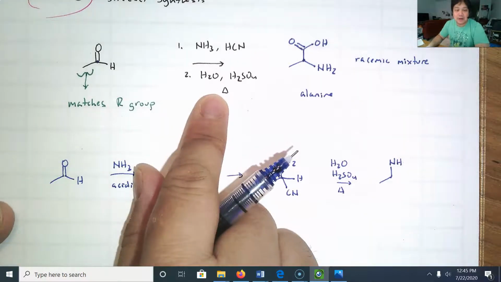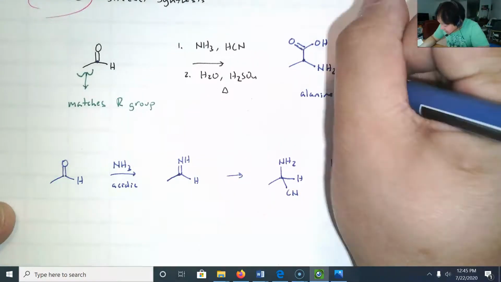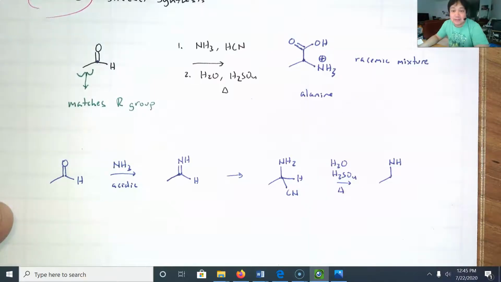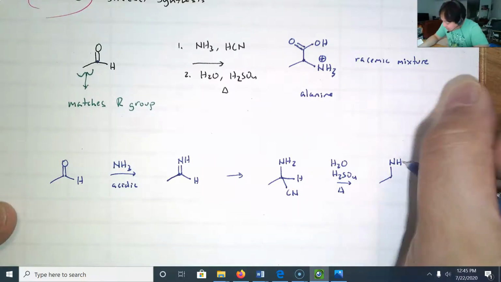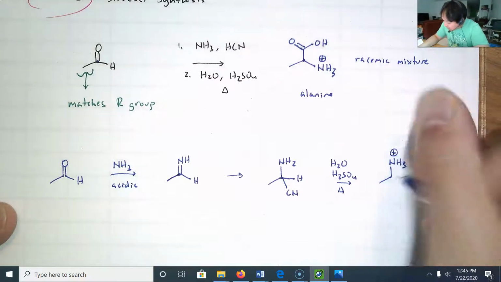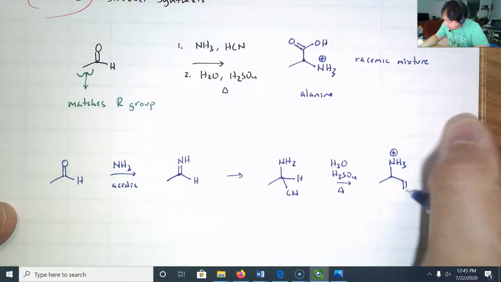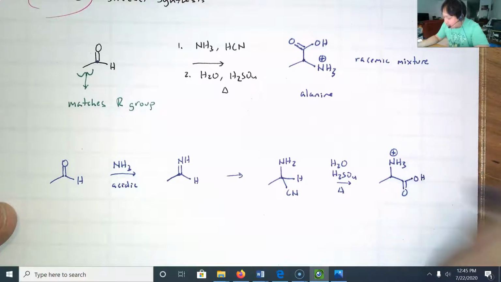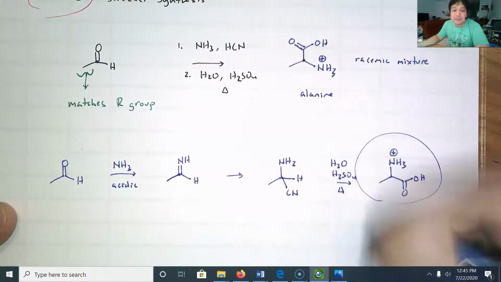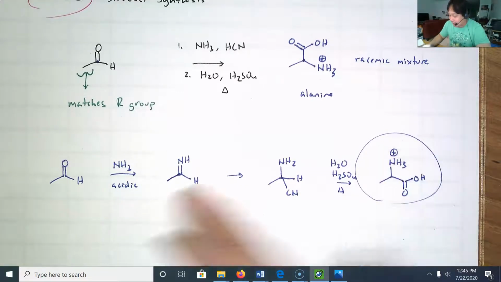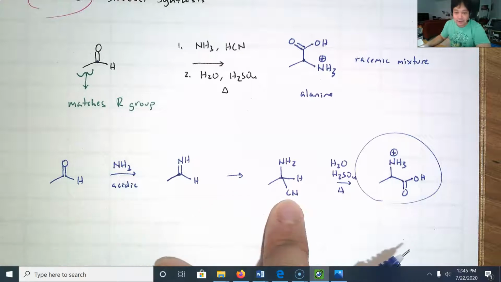Because you are under acidic conditions, let's adjust this and make this protonated. Amines are basic, so they're going to grab that proton. No big deal. And then we have the nitrile group turn into the carboxyl group. You know the mechanism for at least up to this step here.